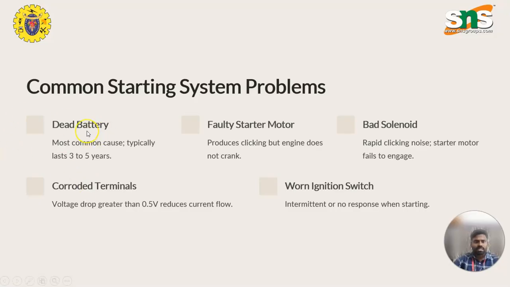A dead battery means the battery condition is very poor, so that it is very difficult to start the car. A faulty starter motor produces a clicking sound, but the engine does not crank. Then a bad solenoid, and corroded terminals. After some time the terminals of each component may get corroded, so it is very important to remove these corrosions so that we make a better connection.